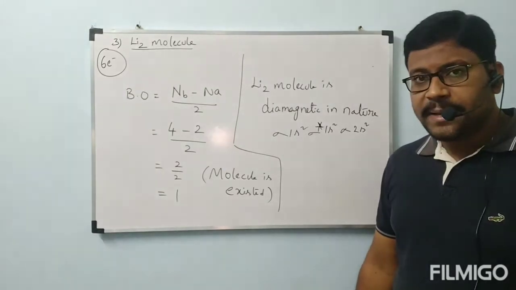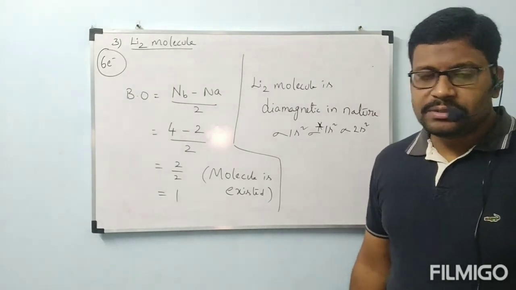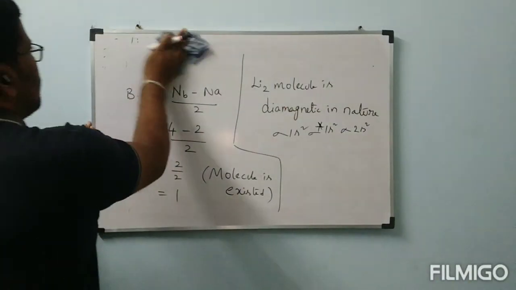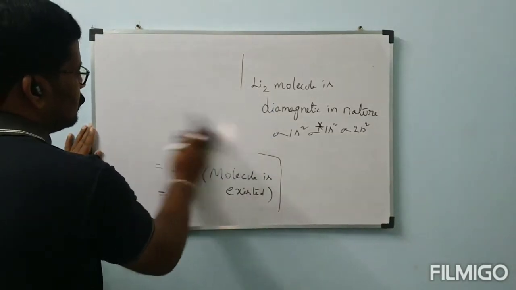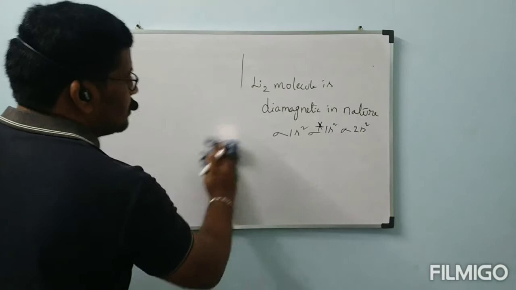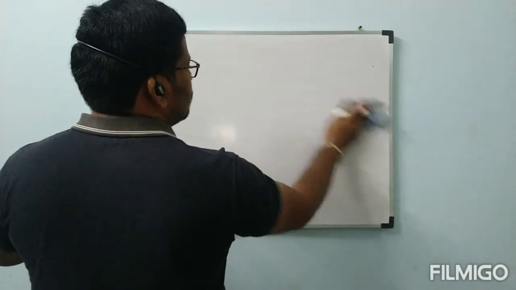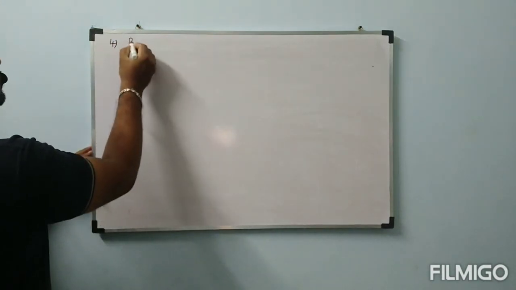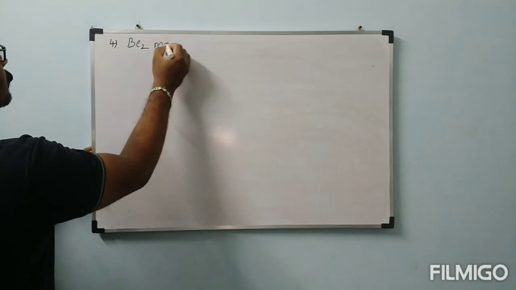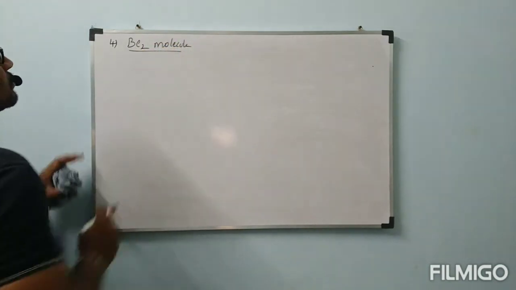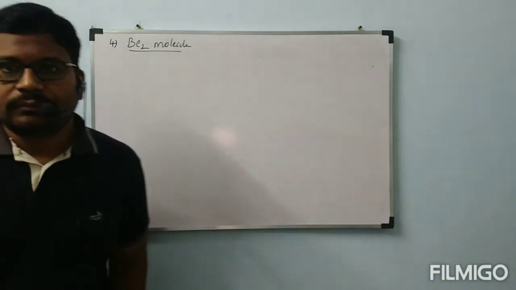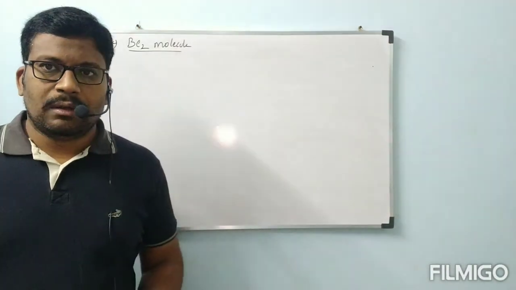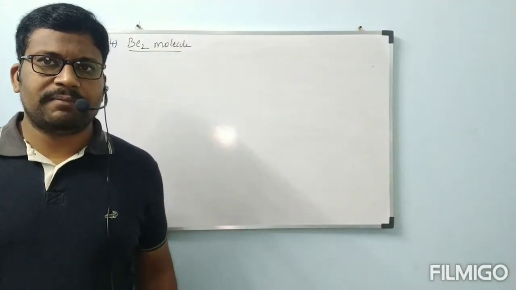What is the fourth one? Be2. The Be2 molecule we are going to see now. The Be2 molecule contains 2 atoms of beryllium.